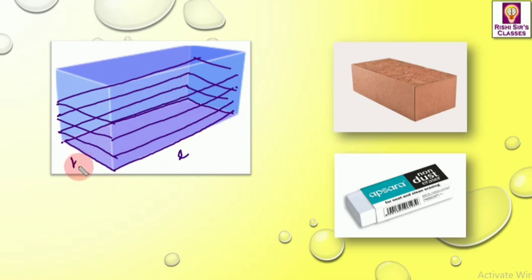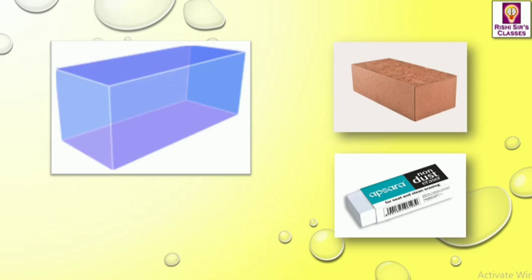That is L and that is B. Suppose we have H layers like this. So what will be the volume? That will be L into B into H. That is the volume of a cuboid, LBH. Just assume that there are H layers, one on top of other. एक के ऊपर एक करके H layers हमारे पास हैं. So we can just remember the formula is L into B into H. That is the formula of cuboid.